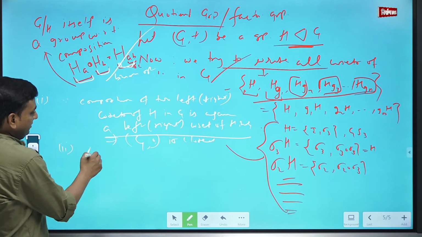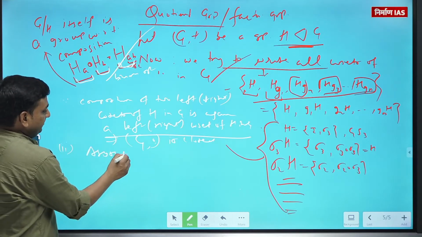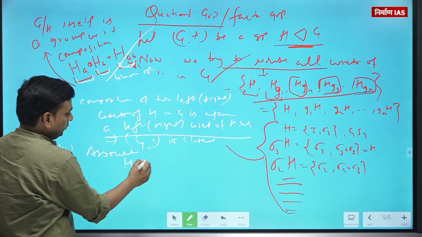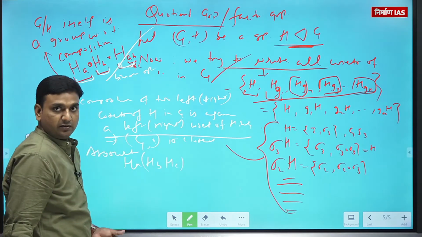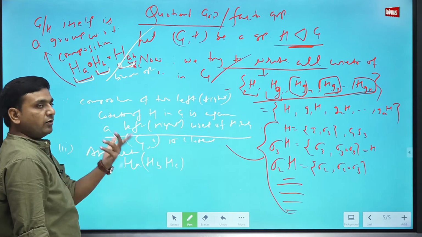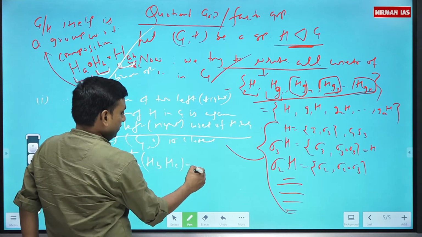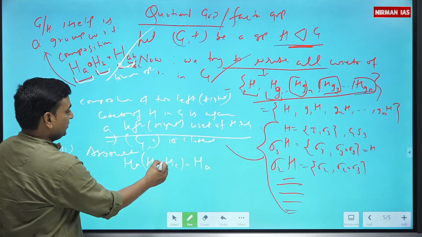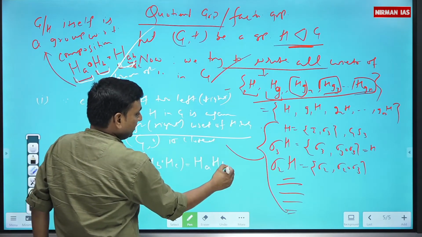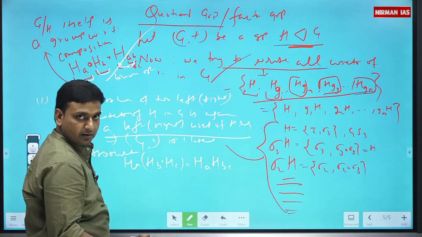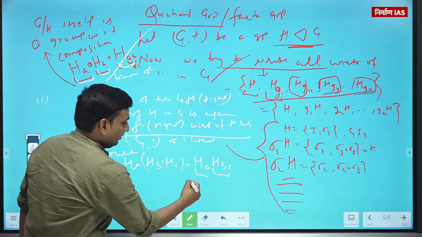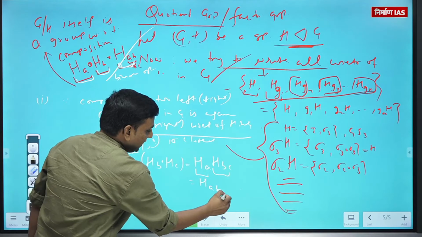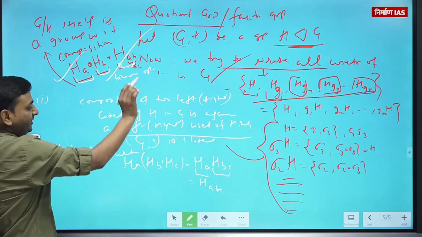Number second, associativity. If I want to show associativity, I take a, b, c coming from capital G. So by this composition, what will this become? Ha composition Hb composition Hc. Now I compose these two things. What will it be? Habc, because our operation is defined like this.